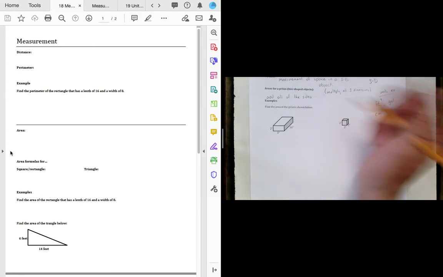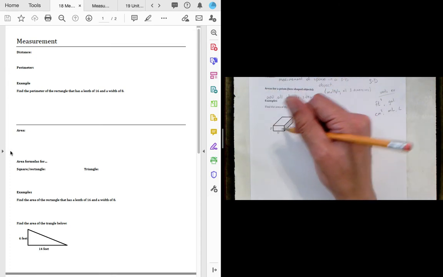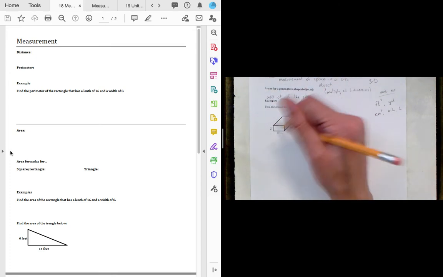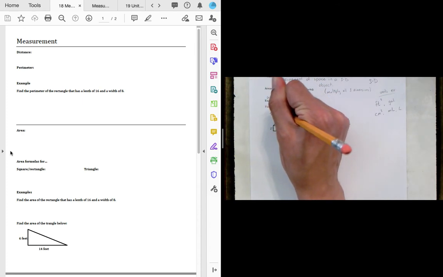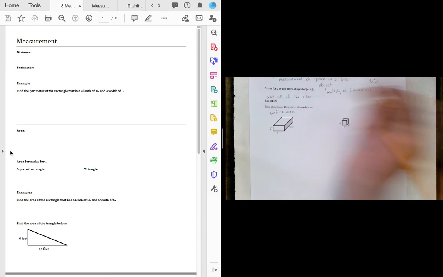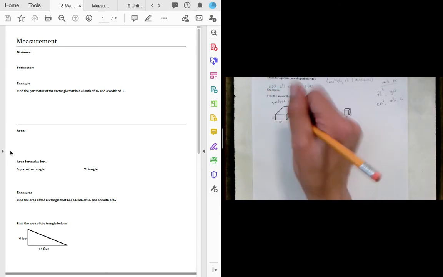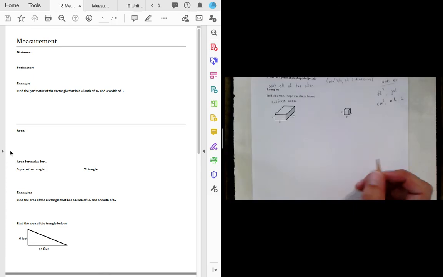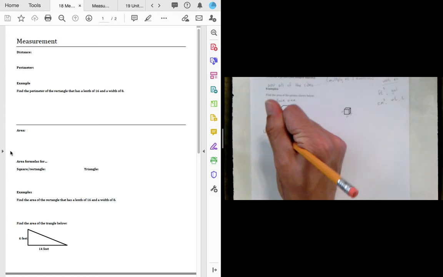I'm actually going to do two separate examples. I'm going to find the area of the outside of this box. Okay, this is also called the surface area. And then we'll also find its volume. So for its surface area, let's look at this box right here. Just like a die that we roll, this thing has a total of 6 sides.